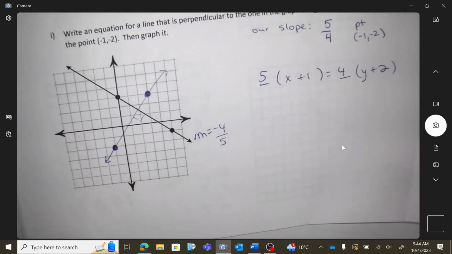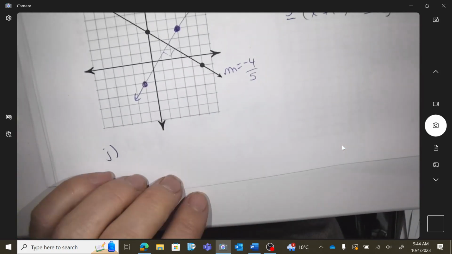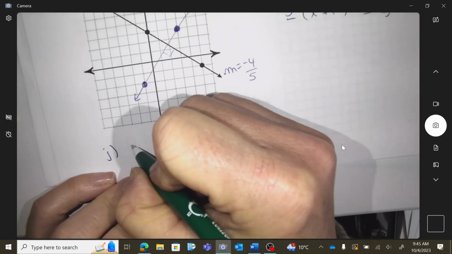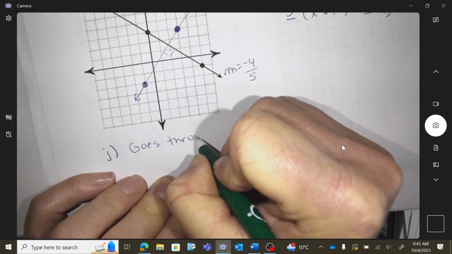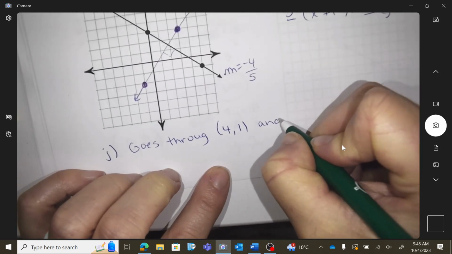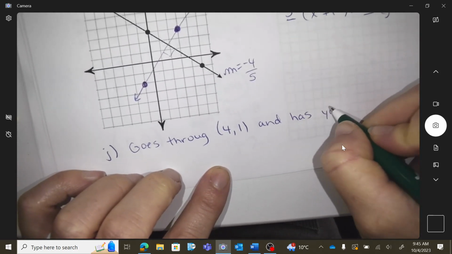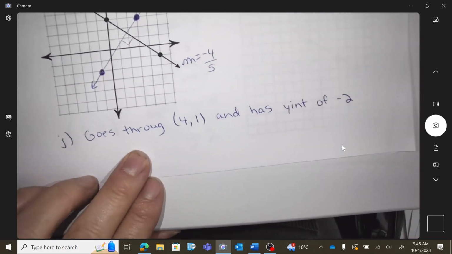Okay, I'm going to give you one more question here because I feel like this is a harder one on the test. So here's my question.